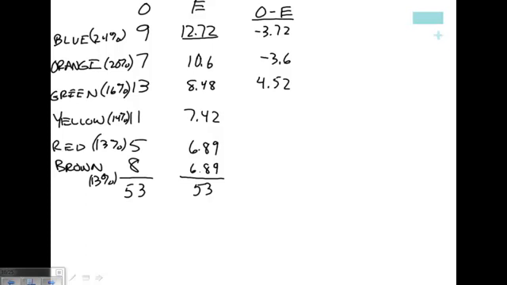If it's negative, the expected value is more, meaning I didn't get as many as I expected. If it's positive, I got more than I expected. All right? So 11 minus 7.52.